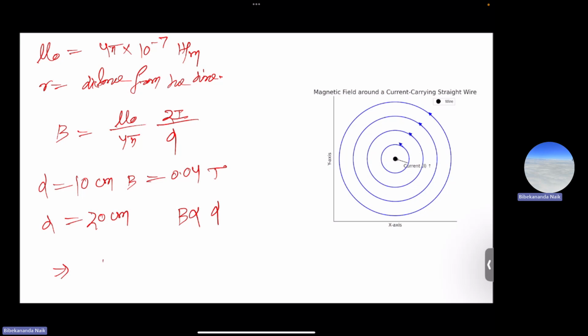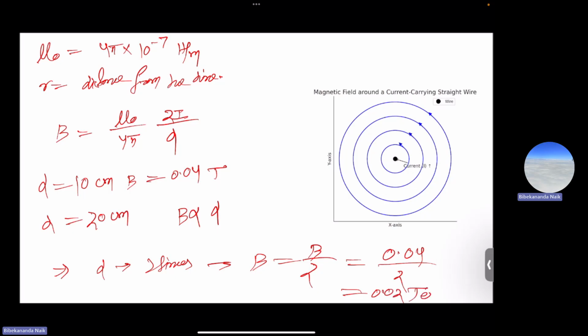Since d is doubled, B will be halved: 0.04 by 2, that is 0.02 Tesla. Or you can directly put the value of d: for 10 it is 0.04, so for 20, since d is 2 times, B is reduced 2 times, that is 0.02 Tesla.